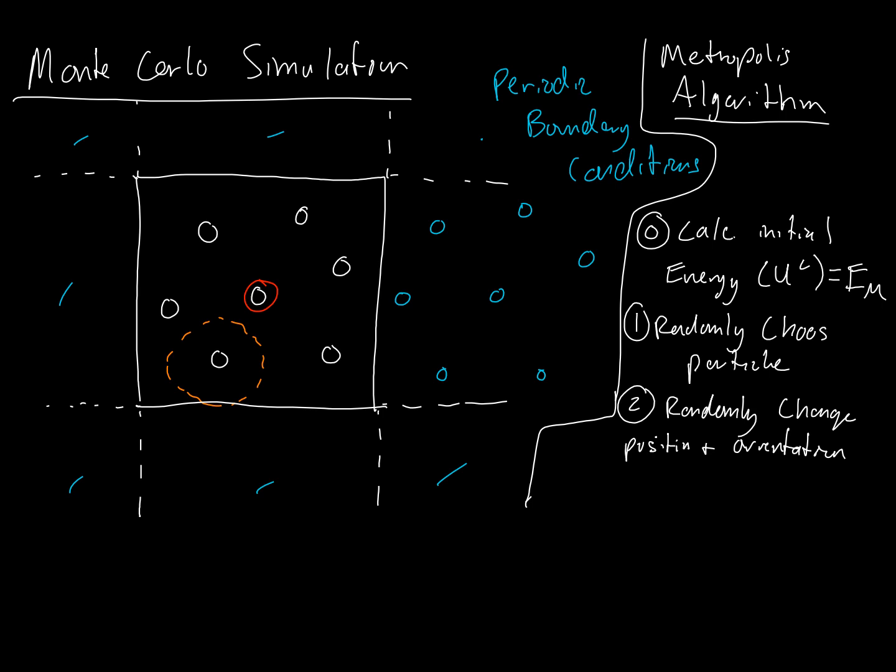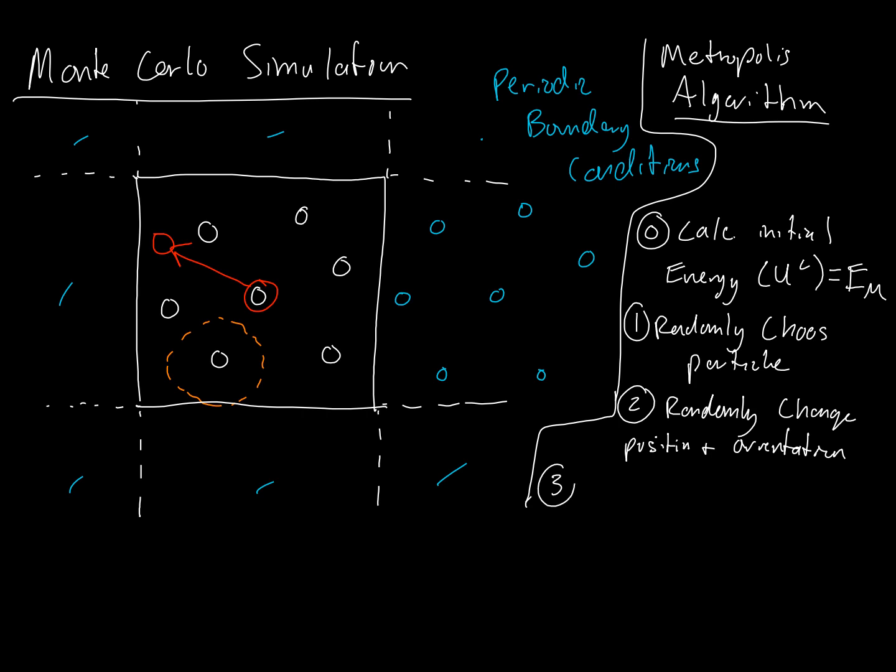So we could randomly move it to right there. That would be step 2. Now, it is definitely possible that this decision could make 2 particles superimpose, in which case we'll talk about what to do in a second.